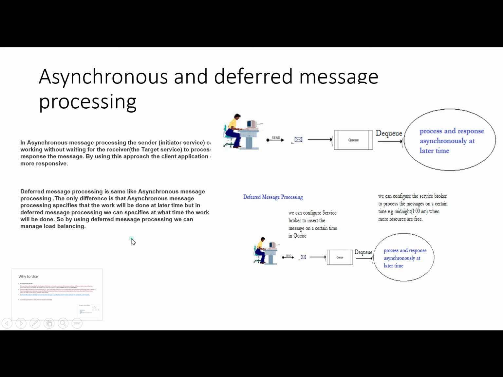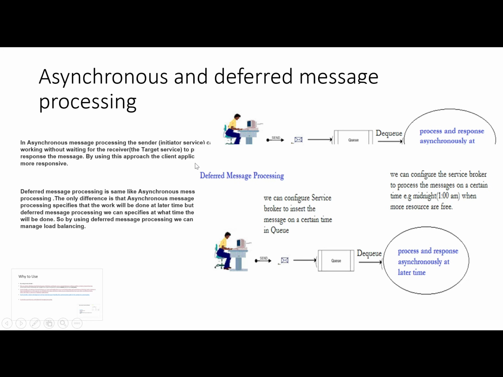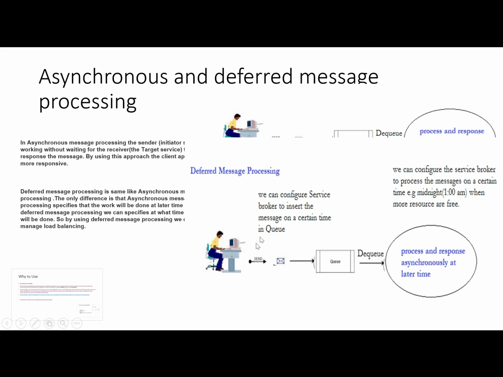And deferred message processing is the same as asynchronous message processing, but we can schedule the time for these tasks. We can insert the message in the queue at a certain time. We can schedule this, and the receiver can also control when the message will be processed. We can set this time, and then accordingly the message will be processed asynchronously.